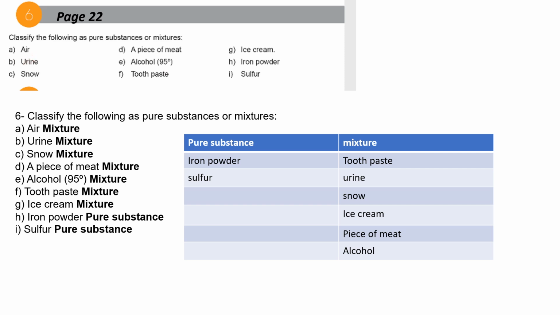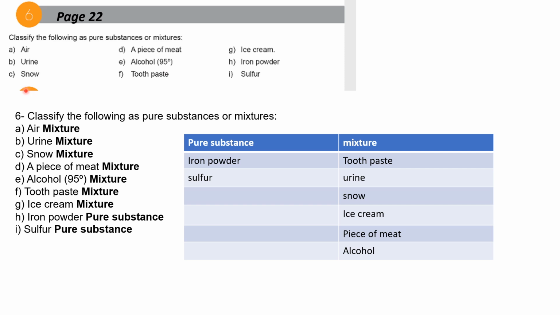Urine is a mixture. It's made up of water and many different substances such as urea and salts, in addition to some toxins. So it is a mixture. It's made up of more than one kind of material. What about snow?